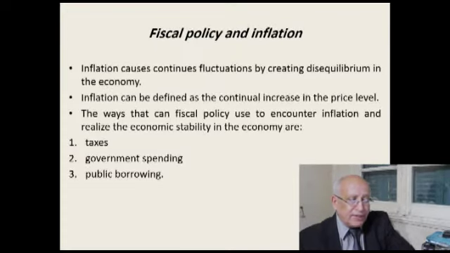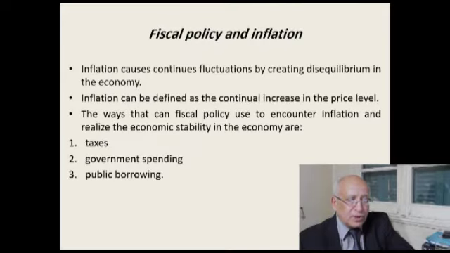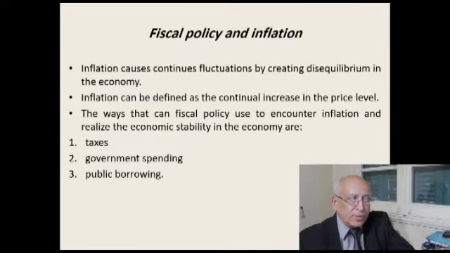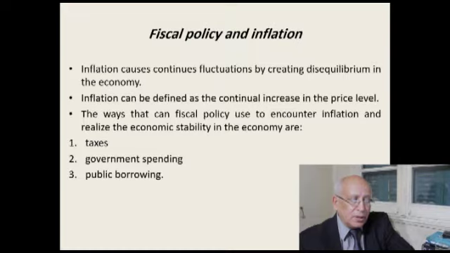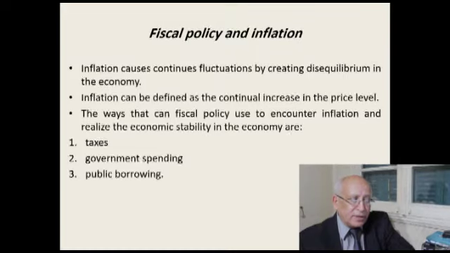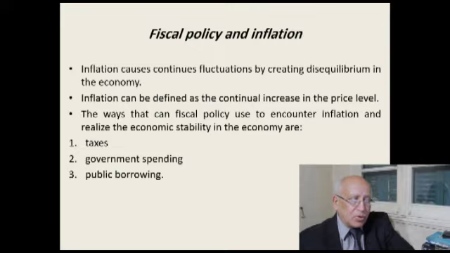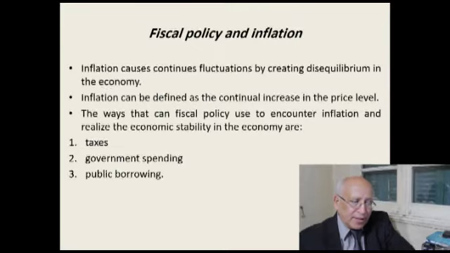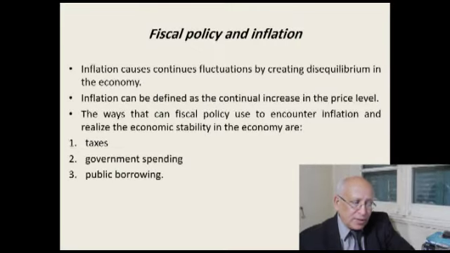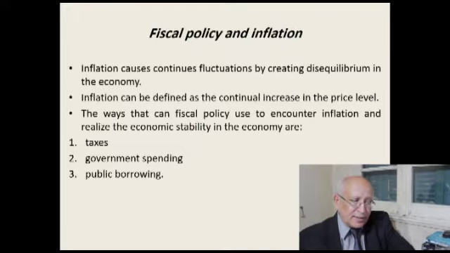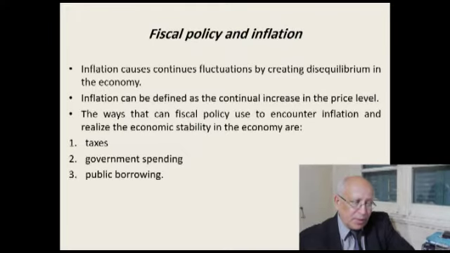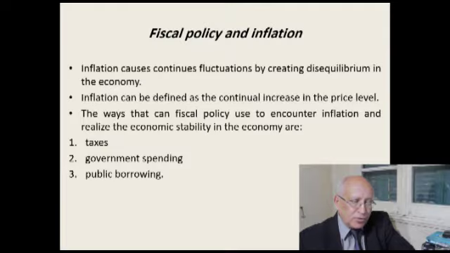The ways that fiscal policy can use to counter inflation and realize economic stability in the economy are taxes, government spending, and public borrowing. The government can use these tools of fiscal policy to reduce the inflation rate.